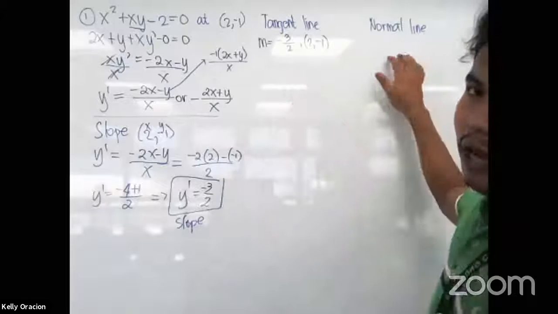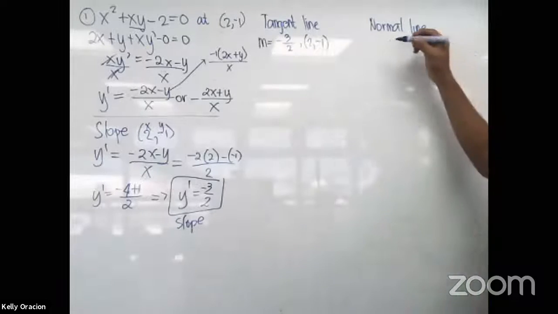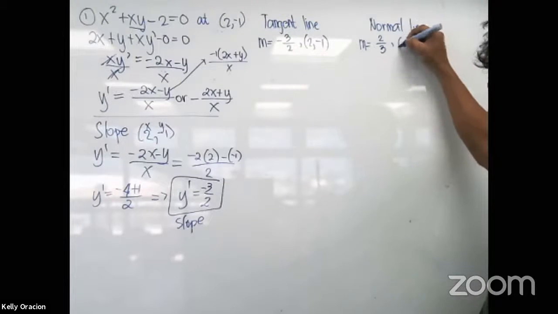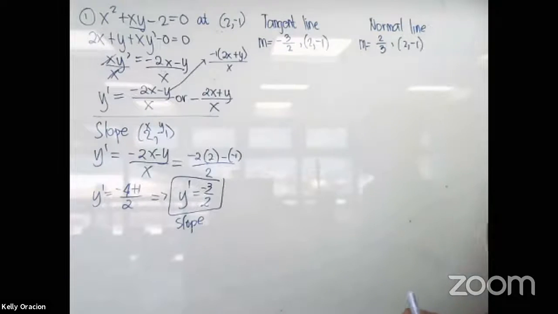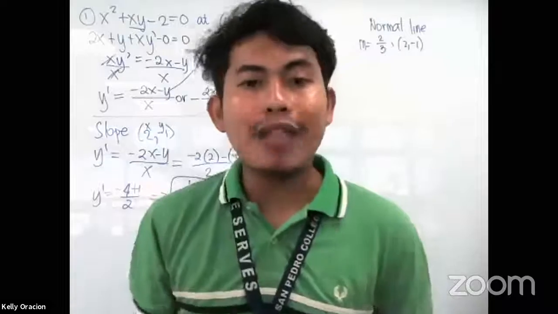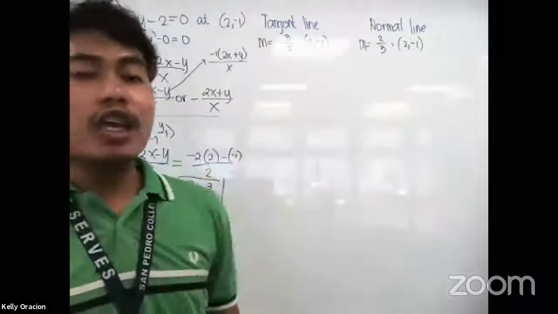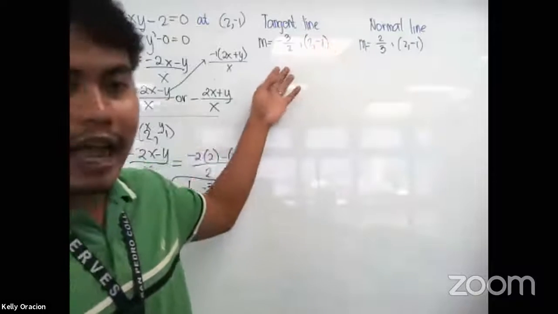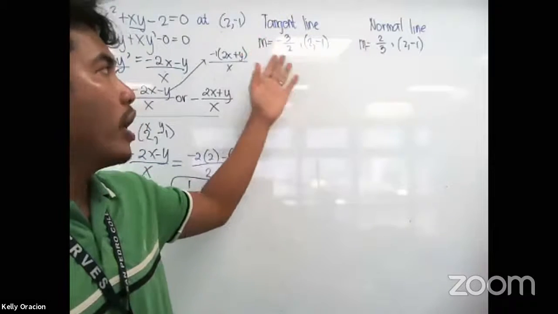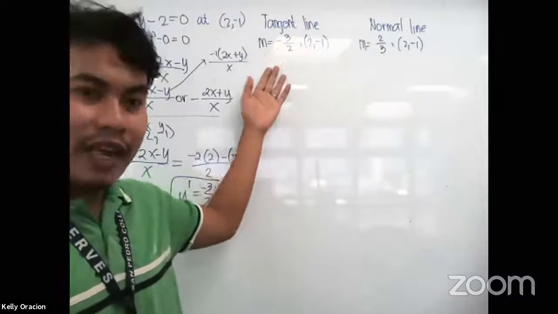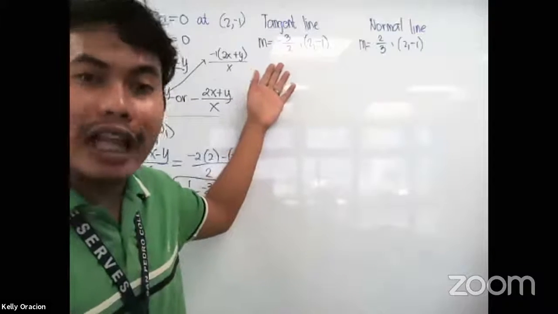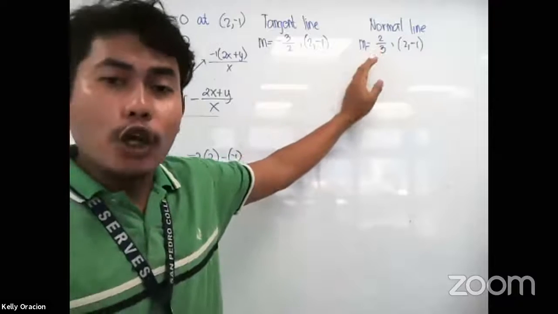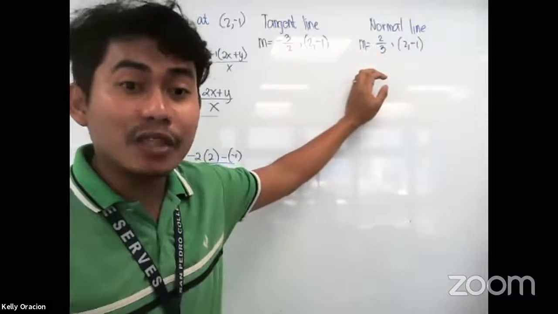How about the normal line? The normal line's slope is 2/3. Why is the slope of our normal line 2/3? We use the negative reciprocal of the slope of your tangent line. Again, the slope is negative 3 halves. That is the slope of your tangent line. In order to find the slope of your normal line, you need to get the negative reciprocal of this.